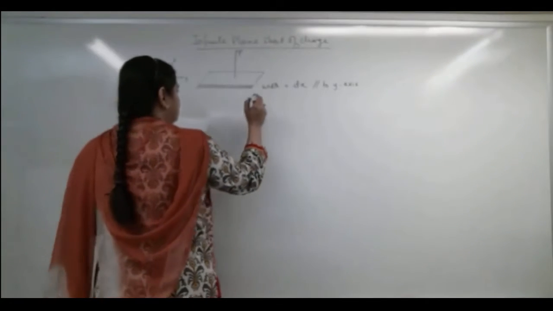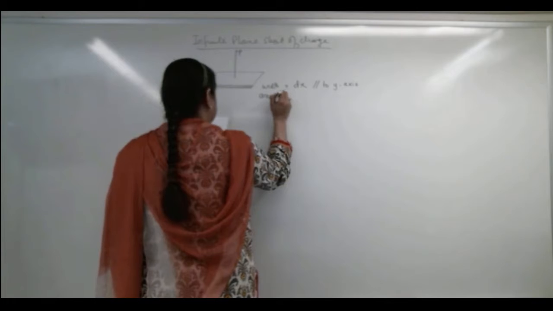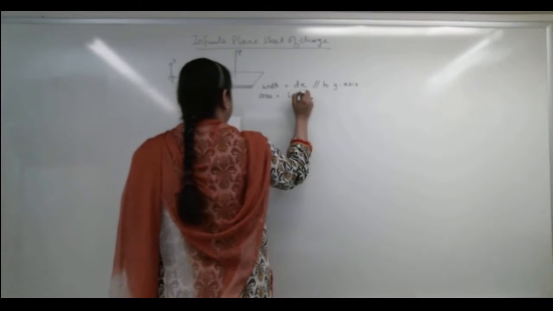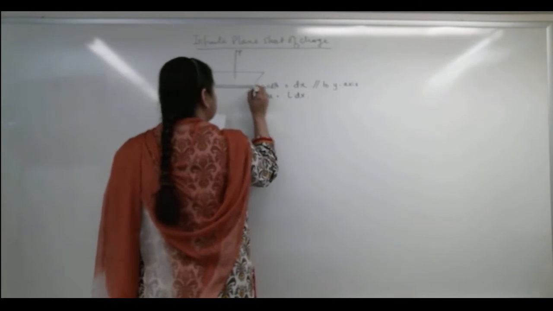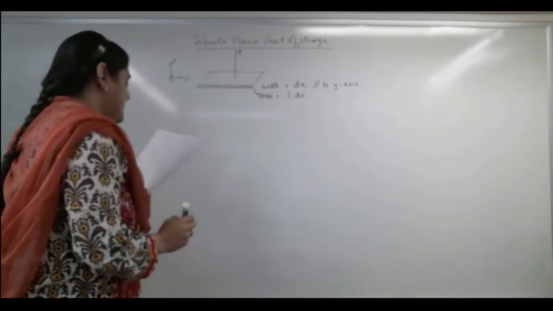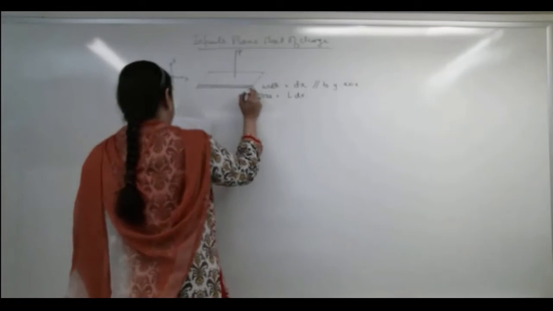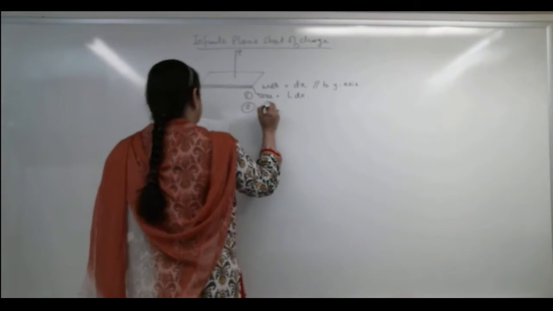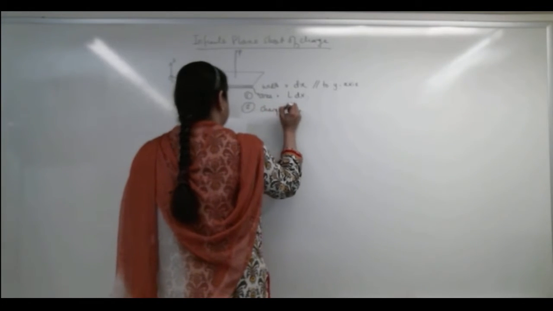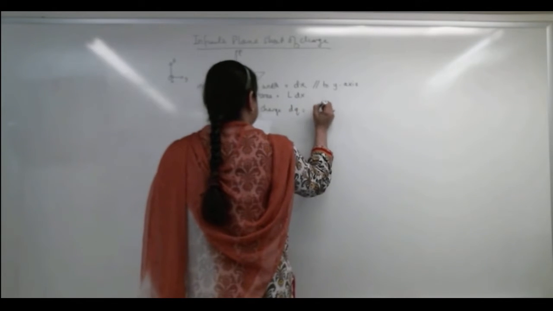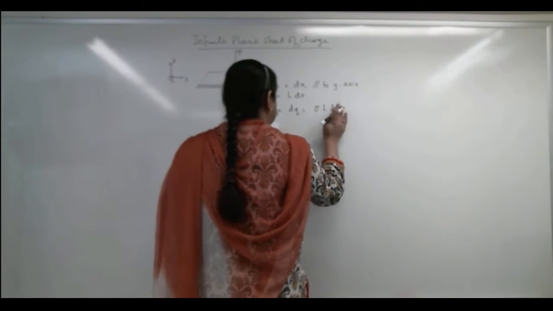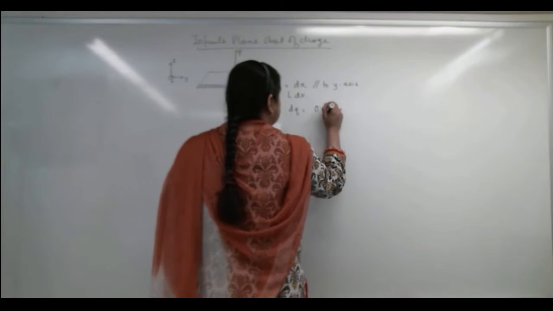In my coordinate system, I have chosen y, z, and x. Okay? So x is coming out. So the area of each of these volume elements is going to be L dx. That's 1. 2. The charge on each strip, dq, is going to be sigma dA.